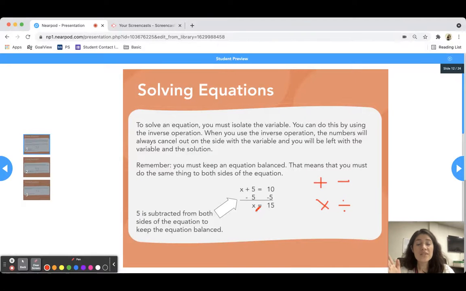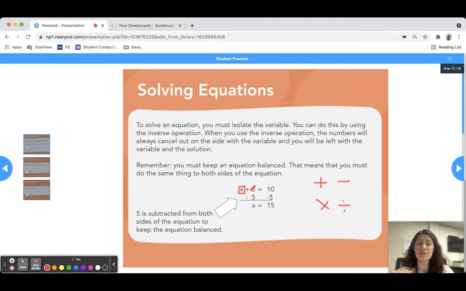In order to keep an equation balanced, whatever you're doing on one side of the equation, you gotta do it on the other side. And there's a mistake right here, which I will fix right now. So x plus 5 equals 10. I want to isolate x. That means I want to keep this one by itself. So first, I'm going to do the opposite of the one right next to it.